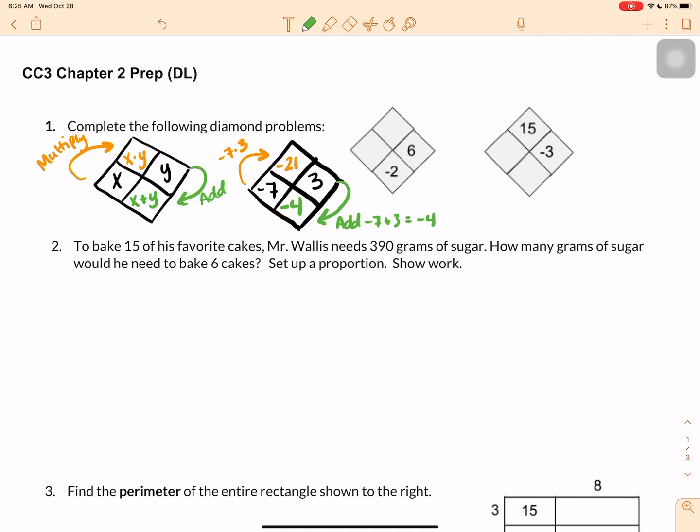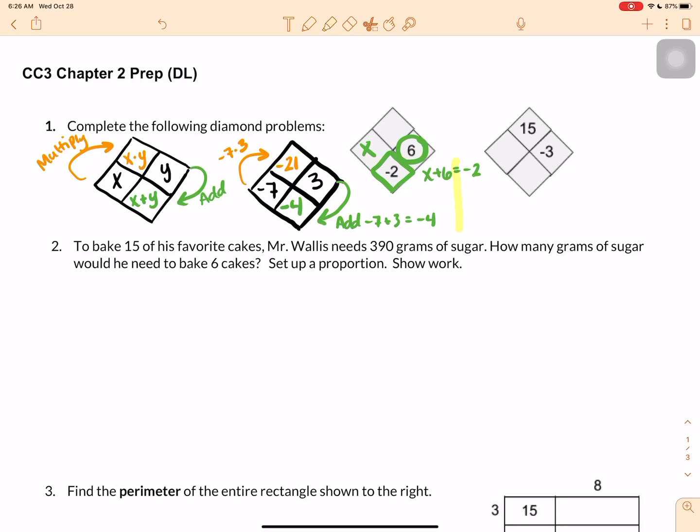So -4. So that would be a complete diamond problem. Now, for number 1 here, we have a few different things. So right here, we have the 6. And we know that the 6 is going to be added to something to get -2. So we can call that an x for now. And for adding, you can always set it up like x plus 6 needs to equal -2. So then you can just solve it like an equation.